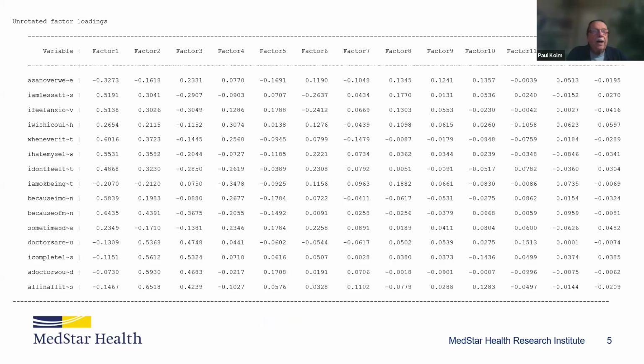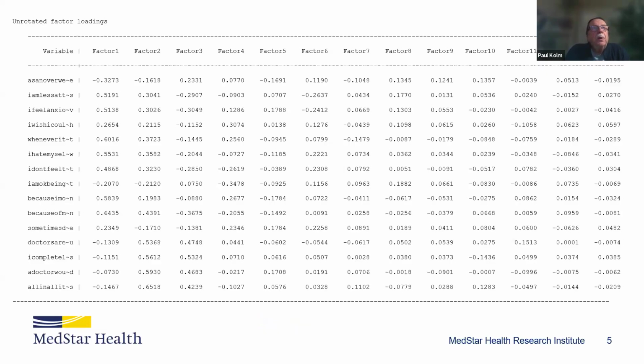And so I have a set of data here. It's actually real data, 22 variables that relate to being overweight and how a person feels about that, different aspects of that.